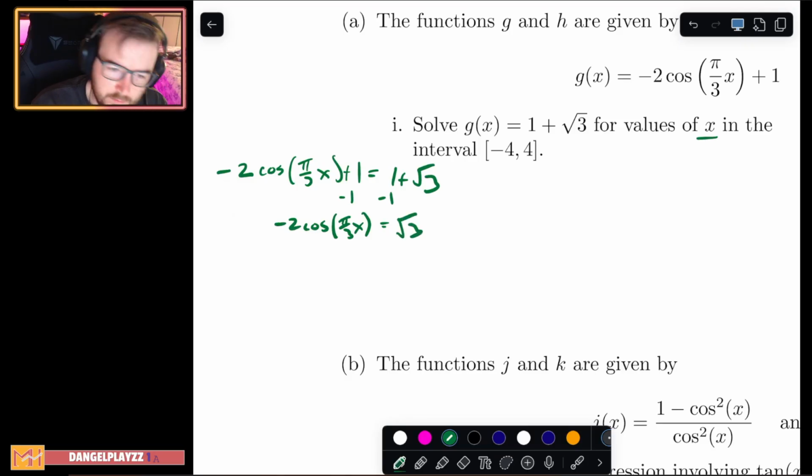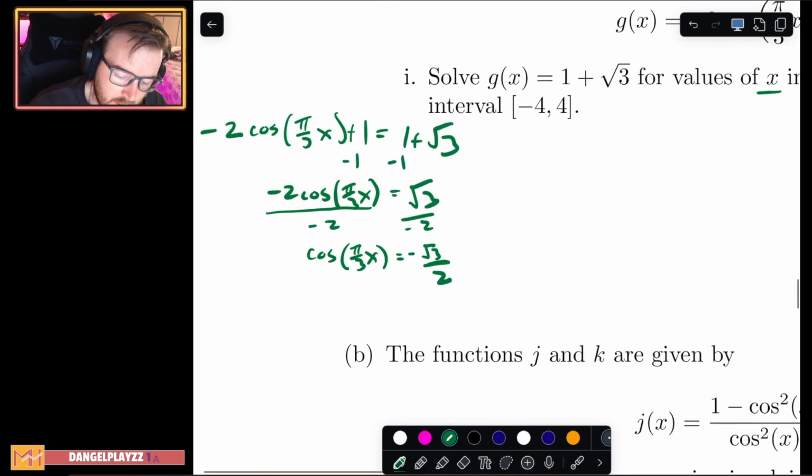And I'm just left with root 3. I need to divide by 2. And I'm left with cosine of pi over 3 x equals negative root 3 over 2. So in this moment, you're asking yourself, when does cosine equal negative root 3 over 2?